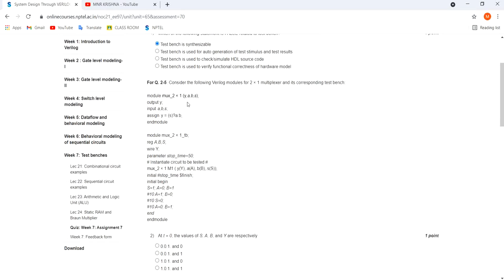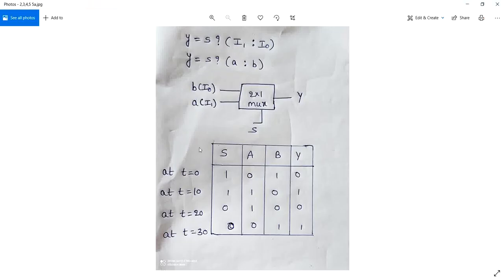From the Verilog code we have the 2x1 multiplexer. A 2x1 multiplexer has 3 inputs: I0, I1 and S, and the output is Y. Here the inputs are chosen by the select input. If S is equal to 0, I0 will be selected. If S is equal to 1, I1 will be selected.